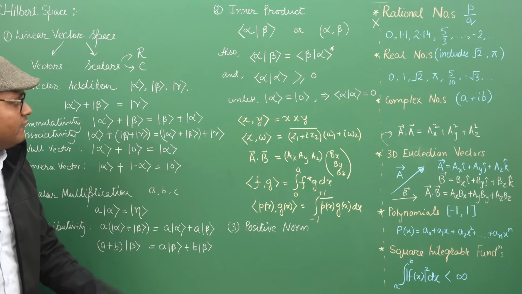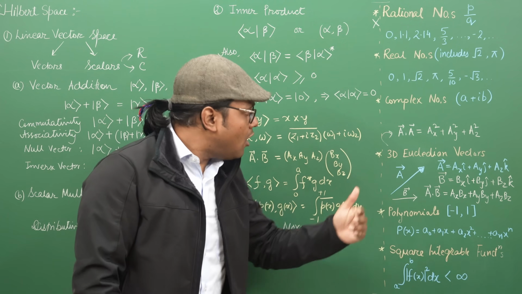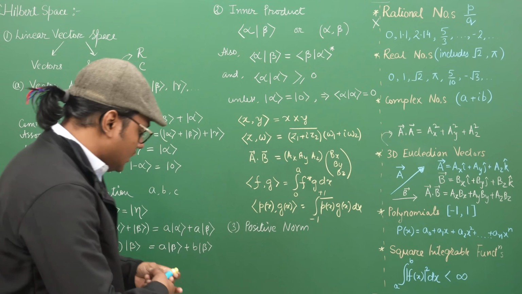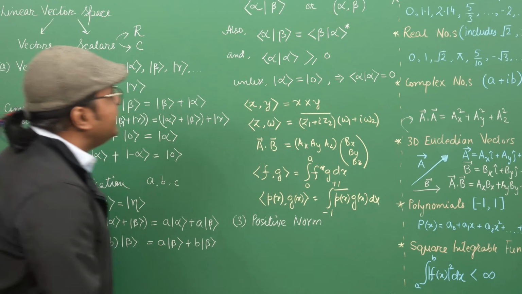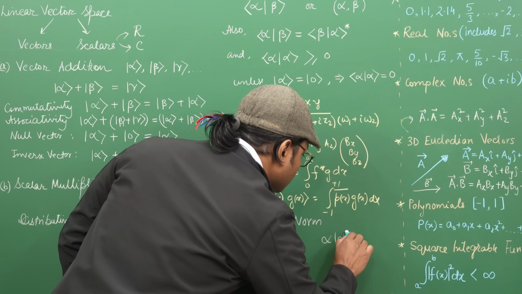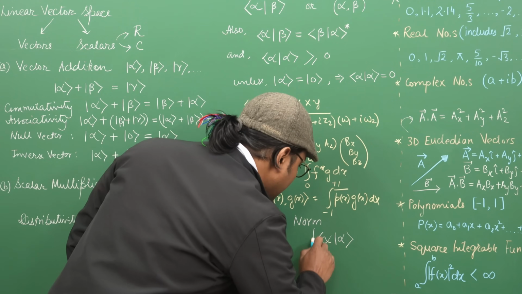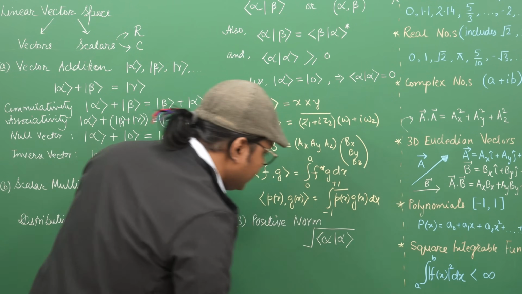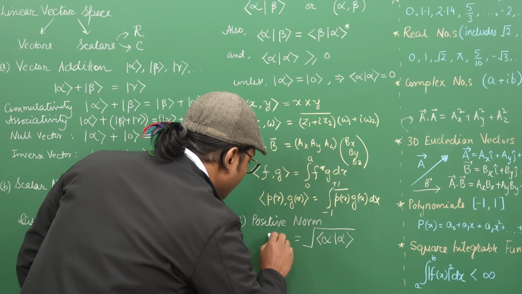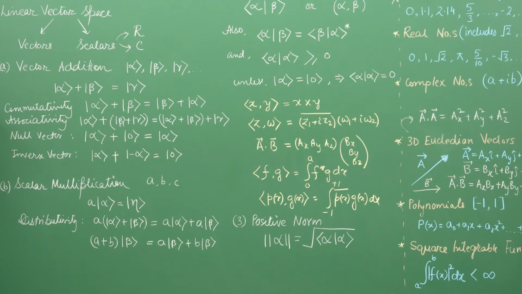That's it. So if you can take the inner product of a vector with itself, the norm is simply the square root of that inner product. For example, if I take a vector alpha and find the inner product of alpha with itself, then its length is written as the norm, which is essentially the square root of the inner product of the vector with itself.